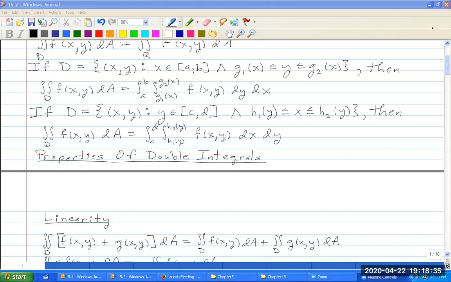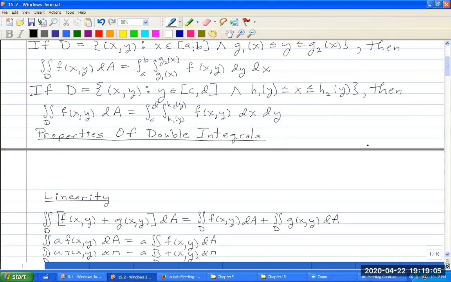You can switch the order so long as Fubini's theorem holds. In this book, I think all examples are ones where Fubini's theorem works. I gave you one where it didn't, but that's because the assumptions of Fubini's theorem didn't hold, so you wouldn't expect that Fubini's theorem would be true for it.